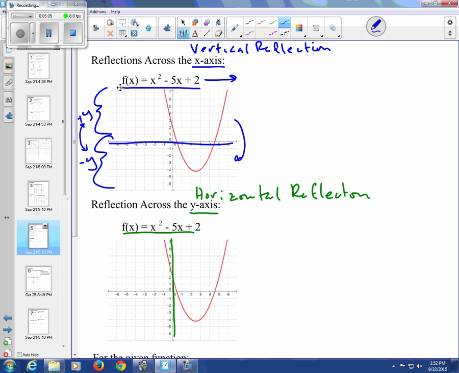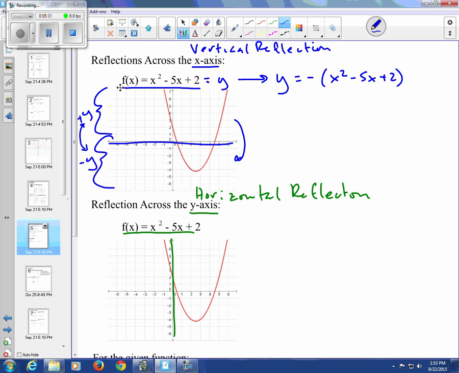And what defines the y values in our ordered pairs? Our equation right here. So what we want to think is this equation is defining the y values. So an equation that will make those y values switch signs is going to be an equation that is made negative. So right here we would say negative x squared minus 5x plus 2.